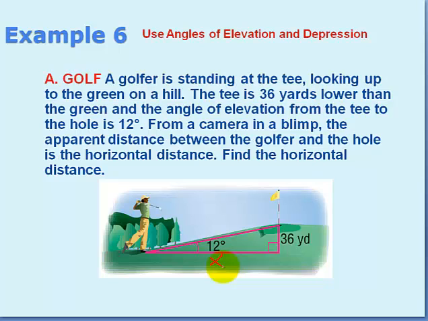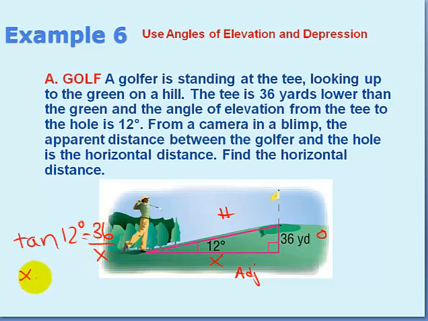So I'm going to look at, here's my angle of 12. I am given, this is my hypotenuse, this is my opposite, and this is my adjacent. Based on what they're giving me, I must use tangent because I don't have any information for hypotenuse. So tangent of 12 degrees is equal to 36 over x.